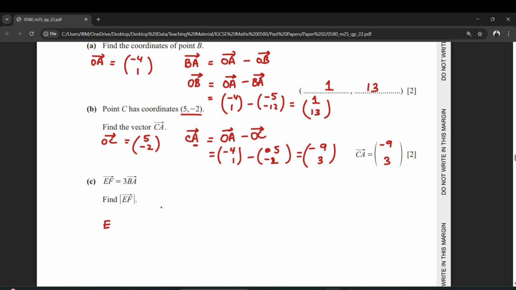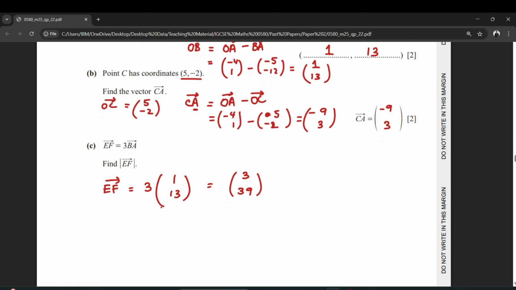First we need to find what the vector EF is. That is 3 times BA. BA was 1, 13, so that would be 3, 39, and the magnitude of the vector EF is 3 squared plus 39 squared under root.